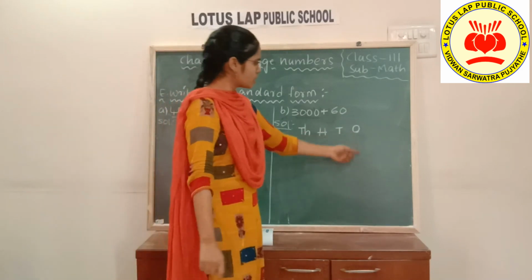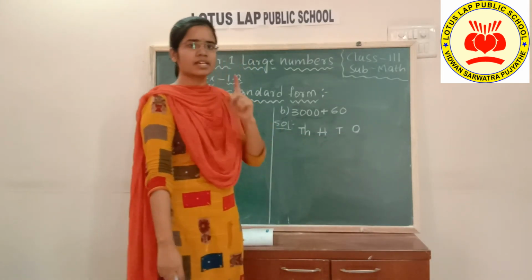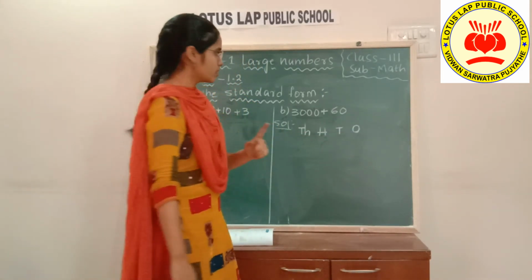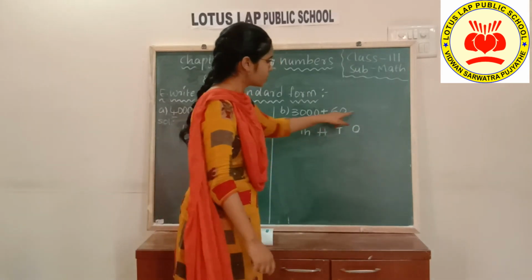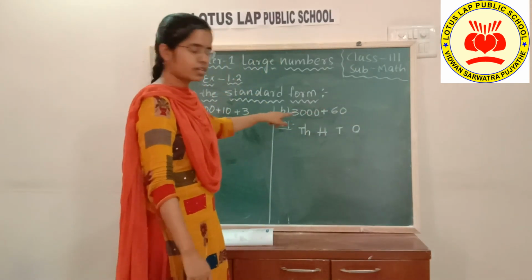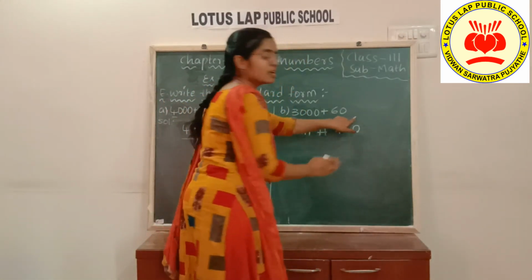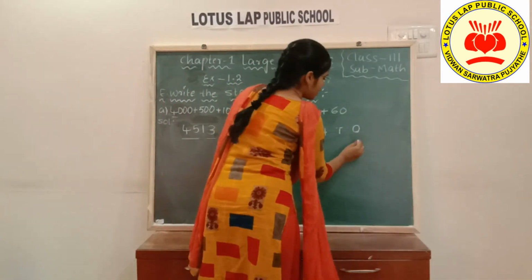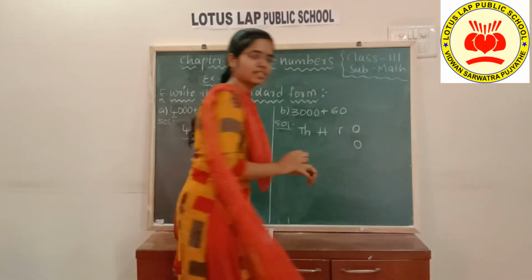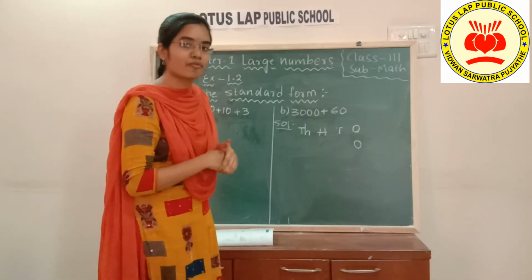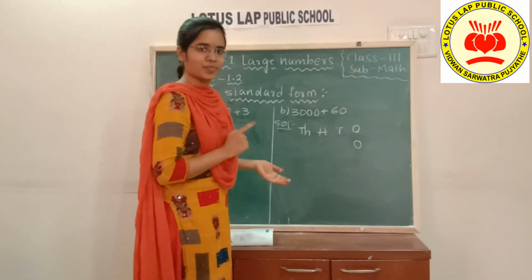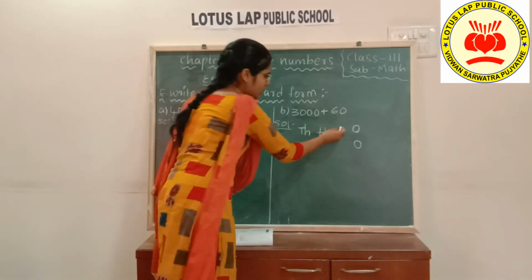In the ones place we are going to get a single digit, children. Is there any single digit here? No. So we do not have the ones value, so we need to put 0. If there is no digit in the ones place, we need to put 0. Now we move to the tens place.